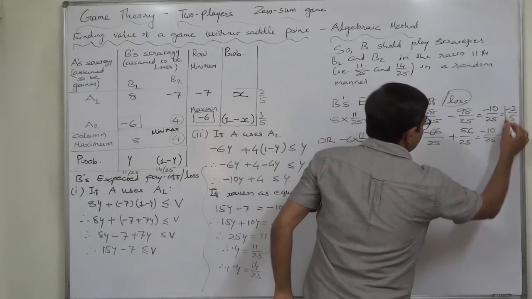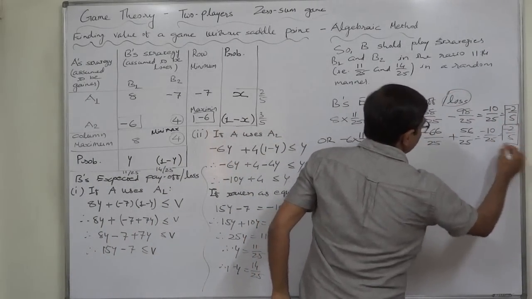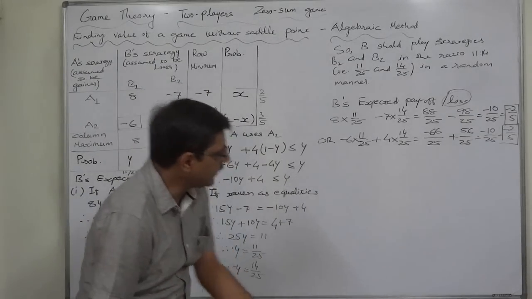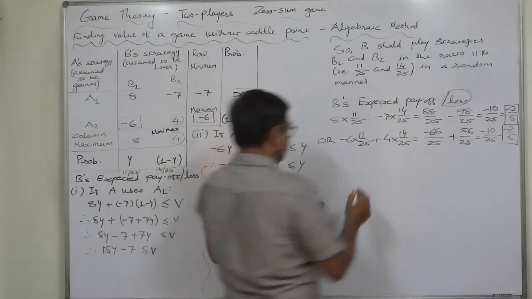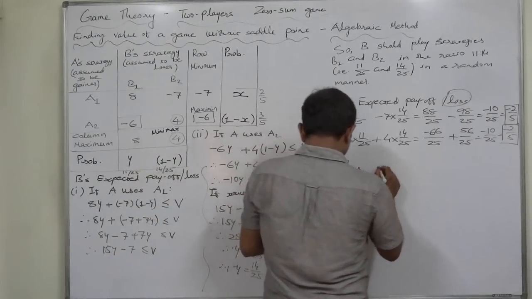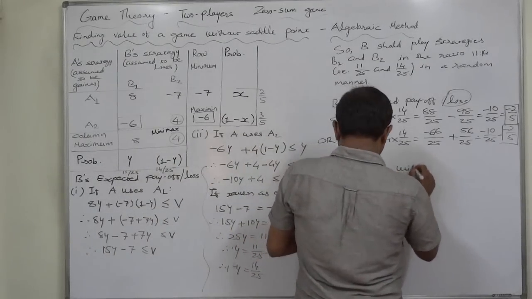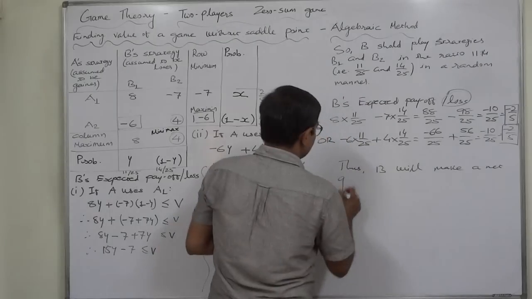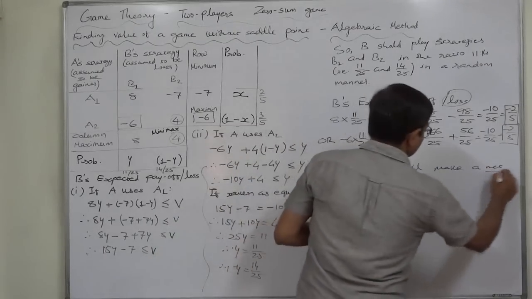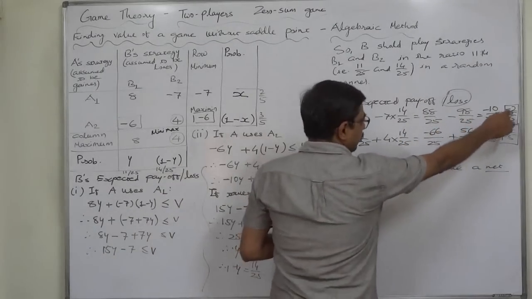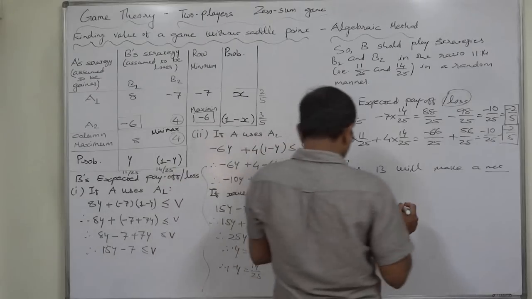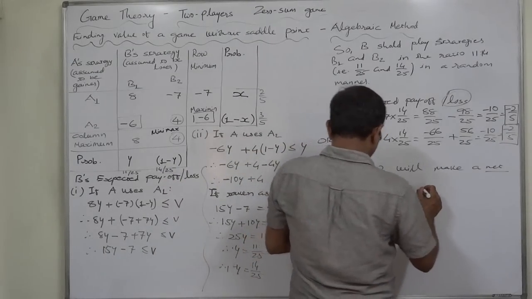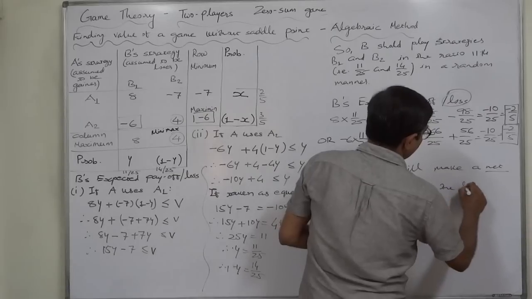His loss is negative. That means B is going to make a net gain. Negative loss means gain. Net gain of 2 by 5 in the long run.